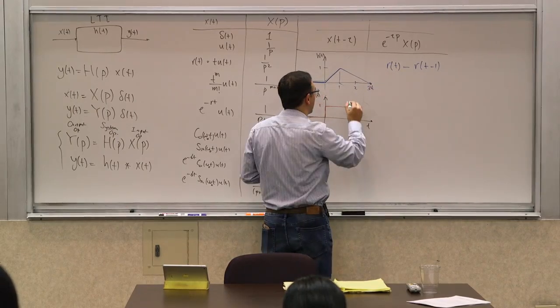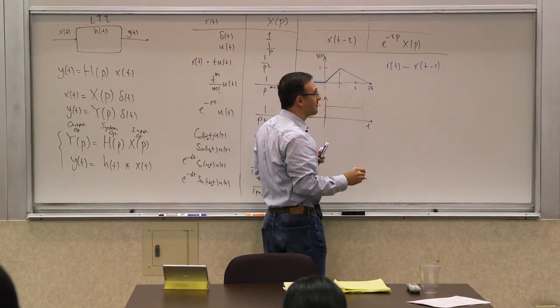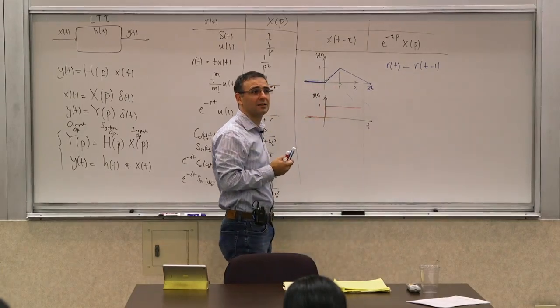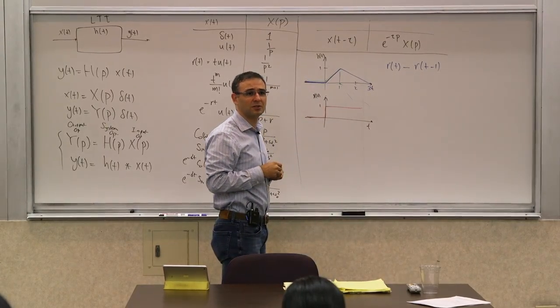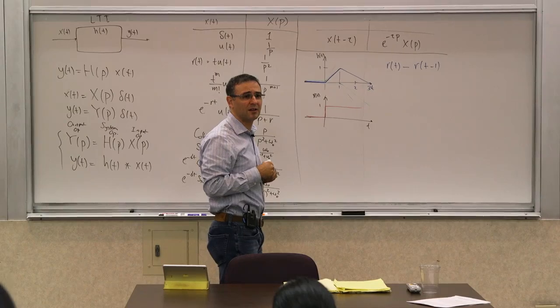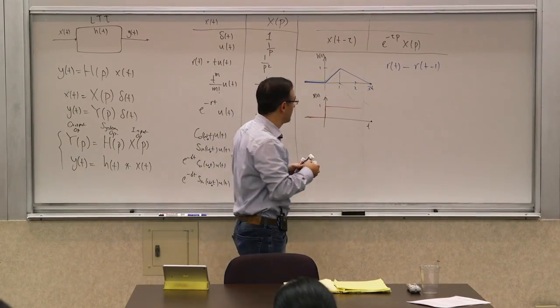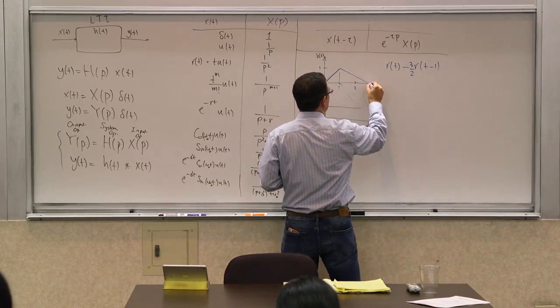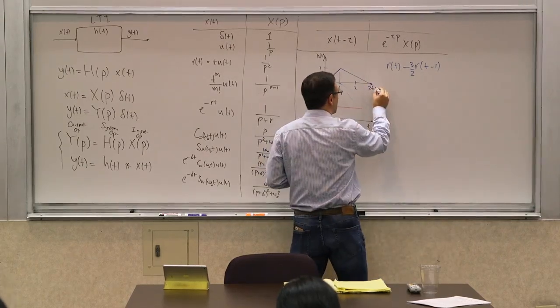But I don't want to get it just flat. I wanted to actually make it a little bit steeper. So I have to make it a little bit larger. So what should this coefficient be to get that? The slope is 1/2, right? So what is that coefficient? 3/2, right? So that produces, but that keeps going down.